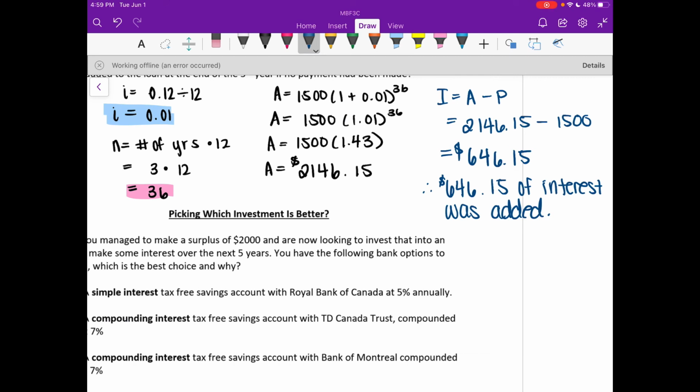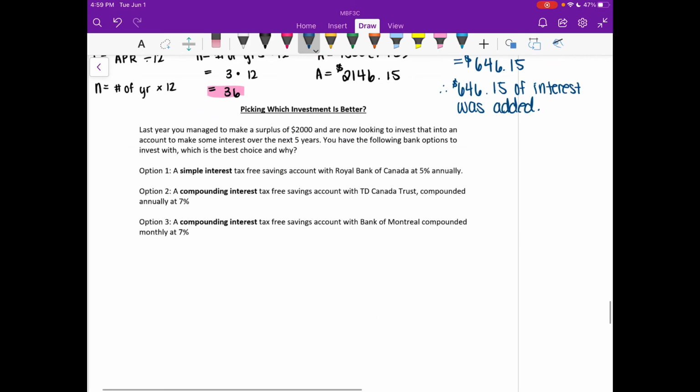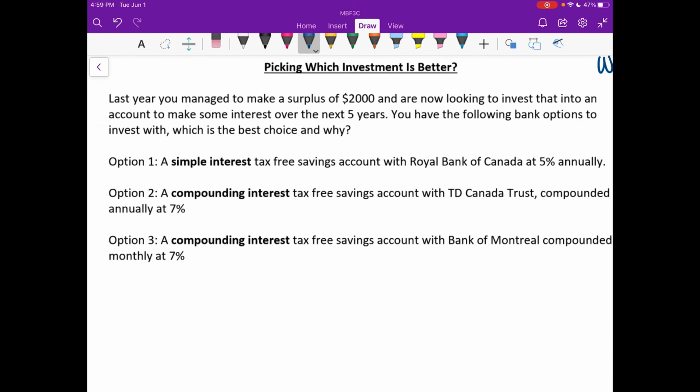Which makes sense. If I lent you $1,500 and then you paid me back $2,146, you just want to find out how much extra you paid me, so you just subtract the two. So why am I teaching all of this? Because you're like, Miss, why does this even matter? Because when you're making investments, when you're picking bank accounts, when you're picking savings accounts, you want to know which one will pay off.